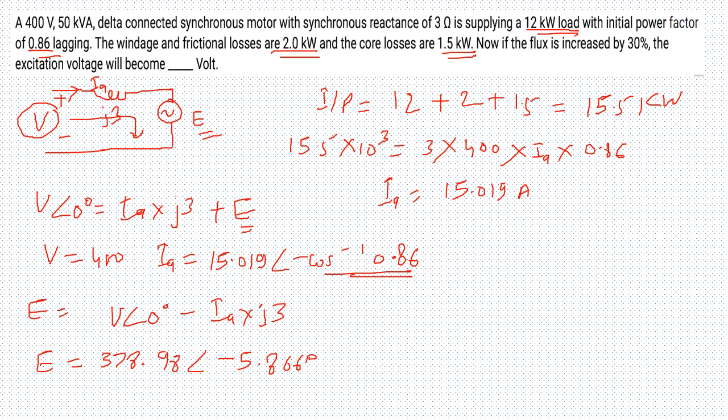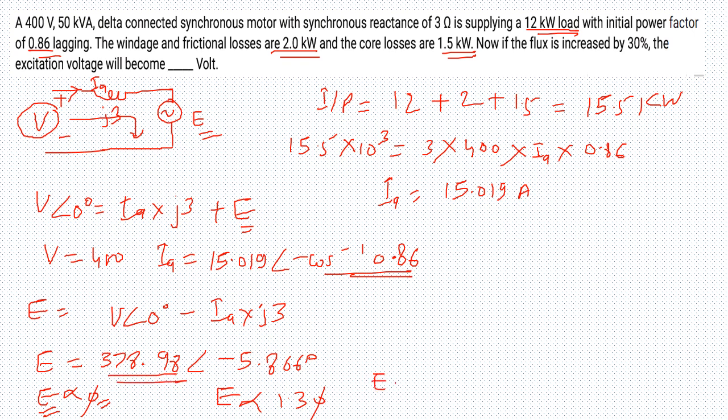Now this E is proportional to the flux, because the flux is responsible for the generation of this E. The flux has gone up by 1.3 times, so E will now be proportional to 1.3 times the flux, and its magnitude should also increase by 1.3.